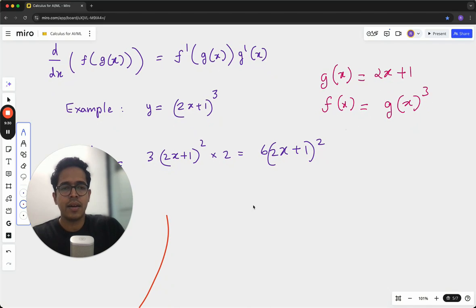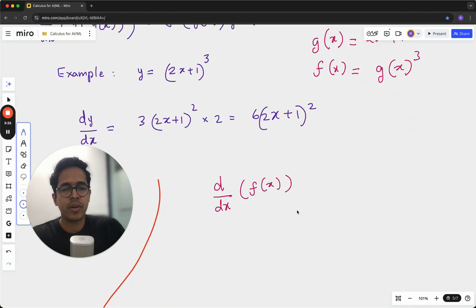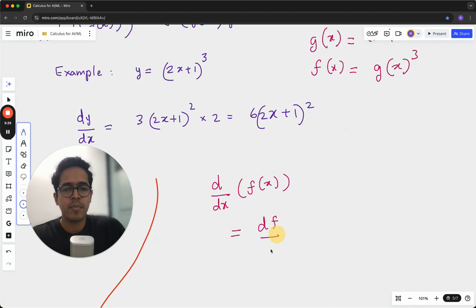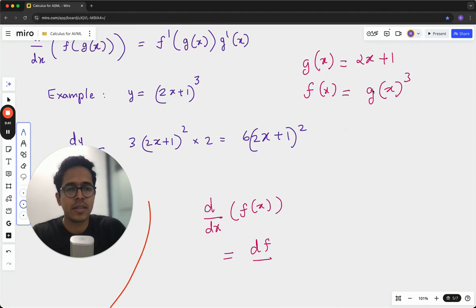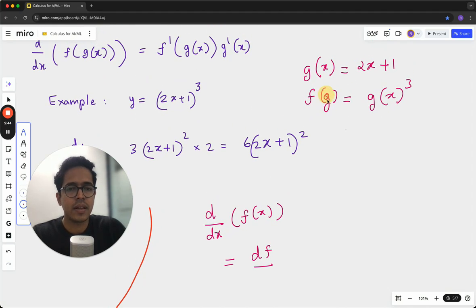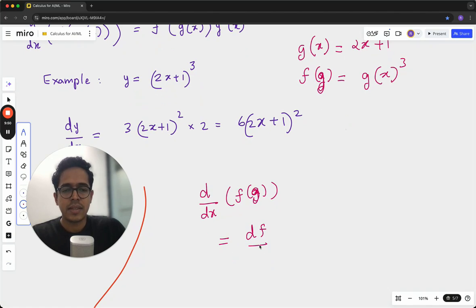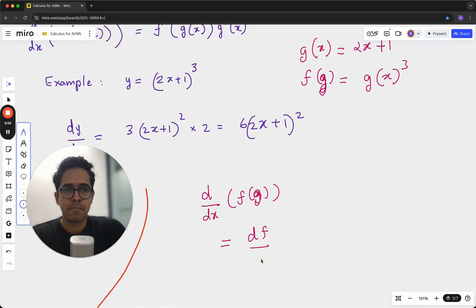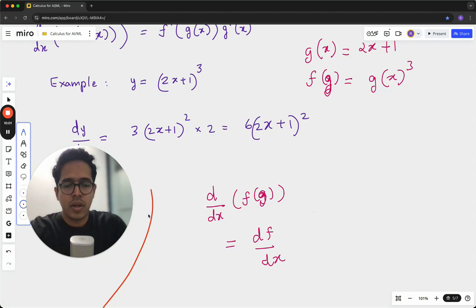Then if we want to calculate d by dx of f according to the chain rule, it is not df by dx, it is df by dg times dg by dx.